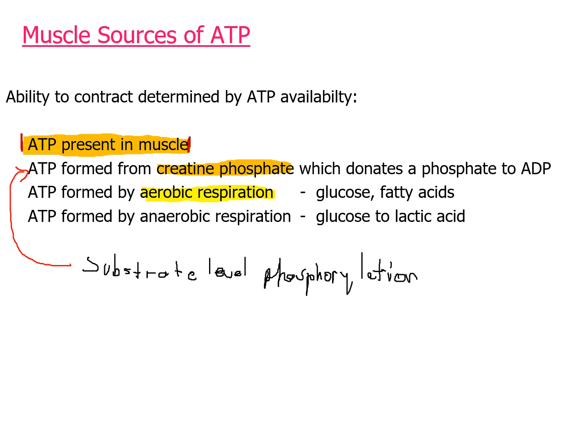It's called aerobic because it involves oxygen. And I remind you that's why we breathe oxygen, so that your cells can carry out aerobic respiration. Not just muscle, but all of your cells need ATP, and they can generate it by aerobic respiration.